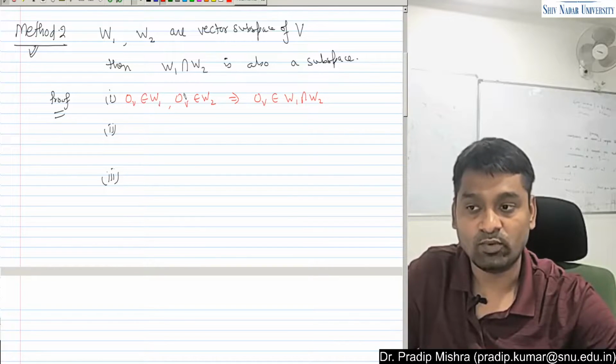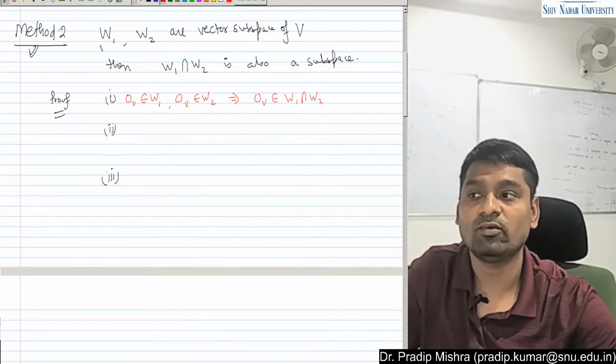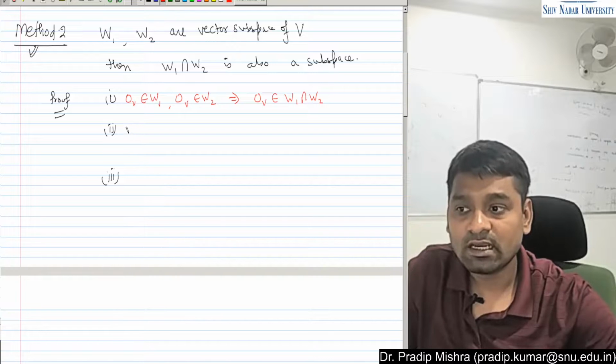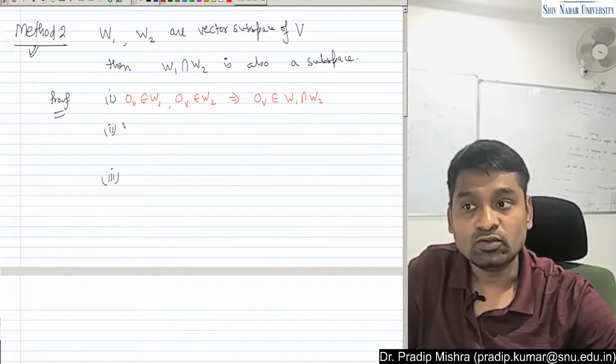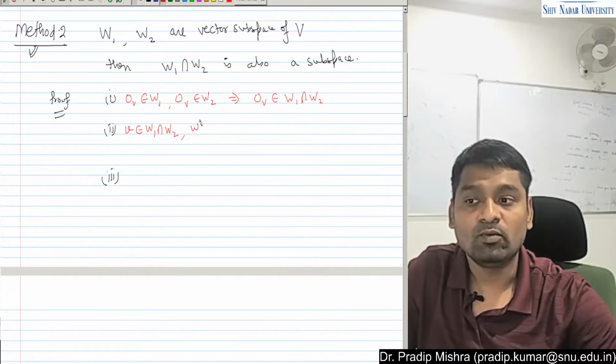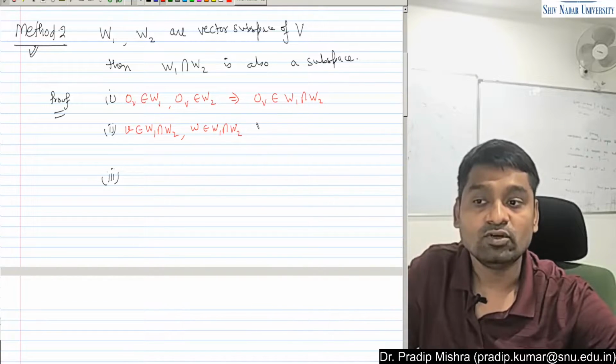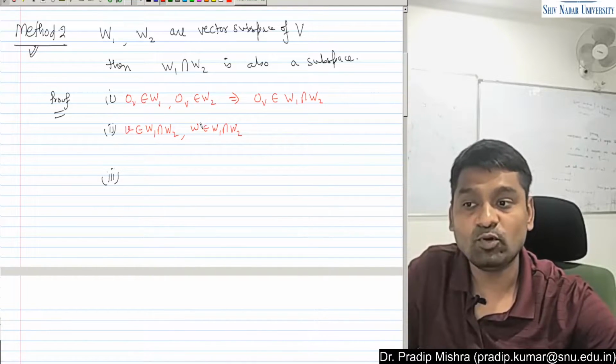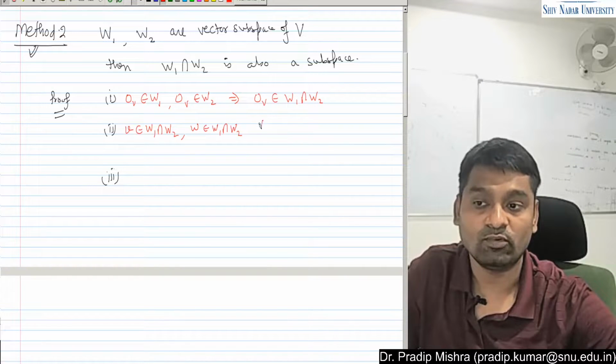The second is: you start from some v belonging to W1 intersection W2 and w belonging to W1 intersection W2. You start from two elements, and then you have to check whether v + w belongs to W1 intersection W2.